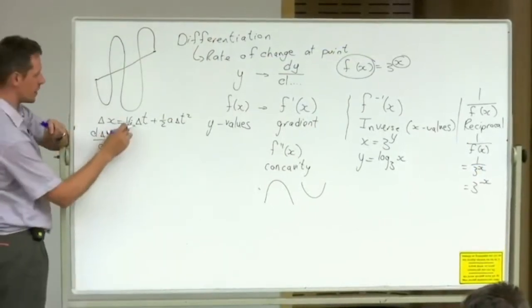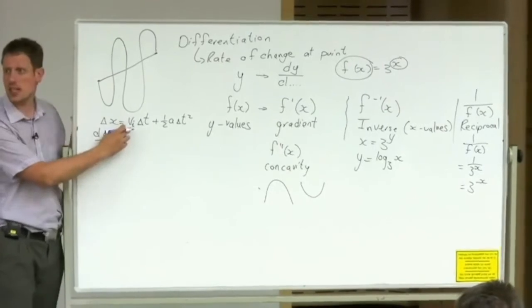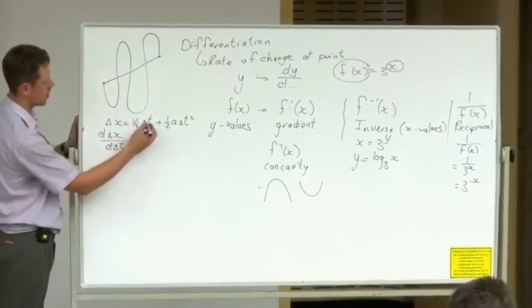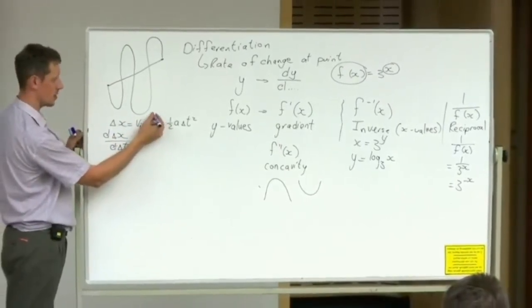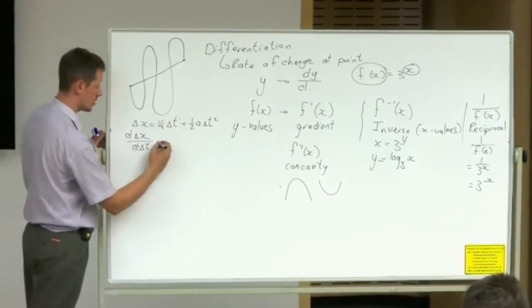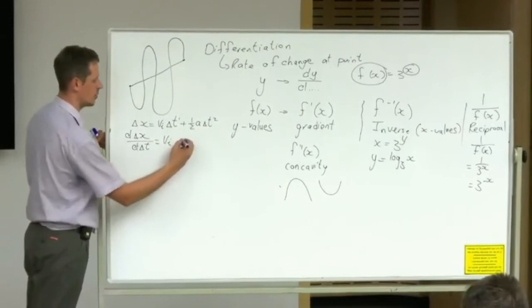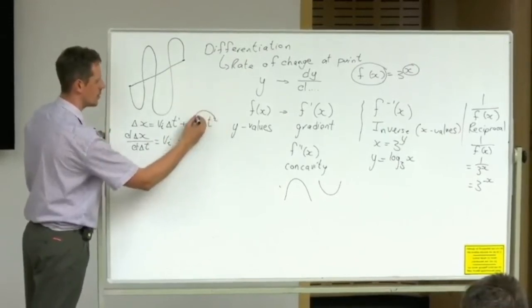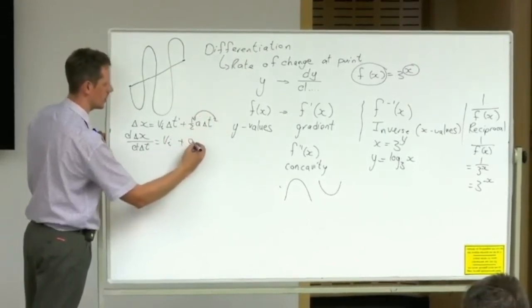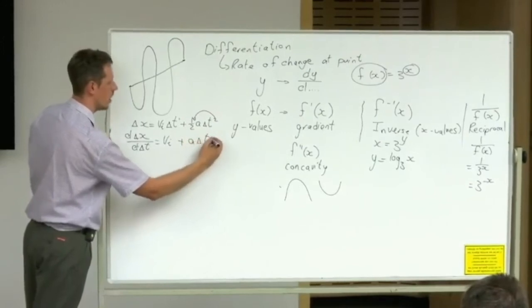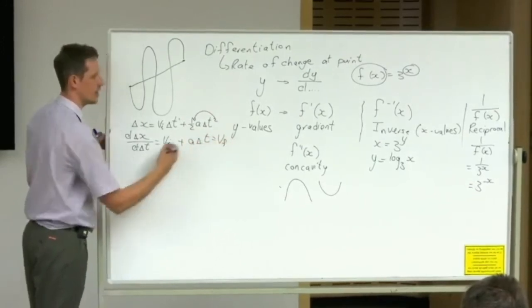If I differentiate this thing in terms of delta t, I take the 1 more and I bring it to the front. So I'm left with Vi plus 2 times pi a half is 1. But sir, that's final velocity.